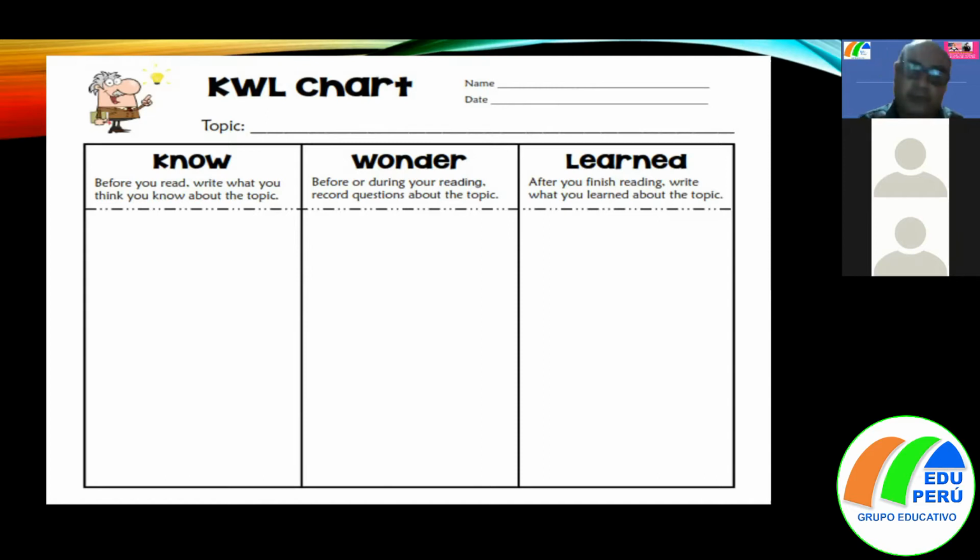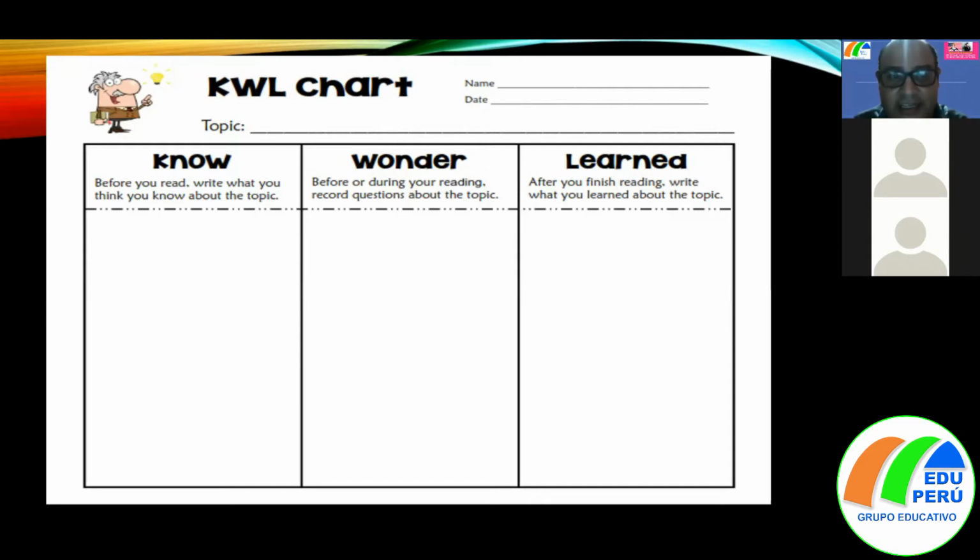But this is not the only one. Then we're going to see more activities and more techniques related to the reading skill. But this is in order to have a clear idea of what is involved in reading. Remember, reading involves two main aspects.